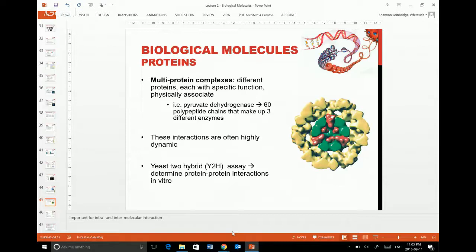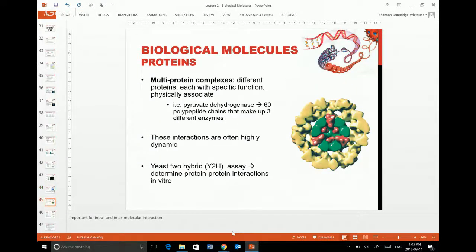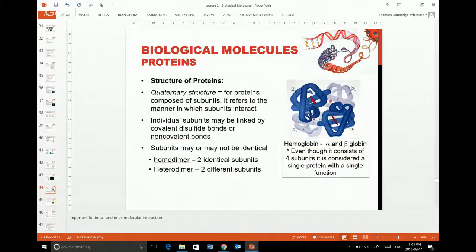And then slightly different from a quaternary structure is a multi-protein complex. So as I said here, in this case, you have 4 different proteins coming together that are essentially acting as one protein. And individually, they aren't capable of really doing anything on their own.